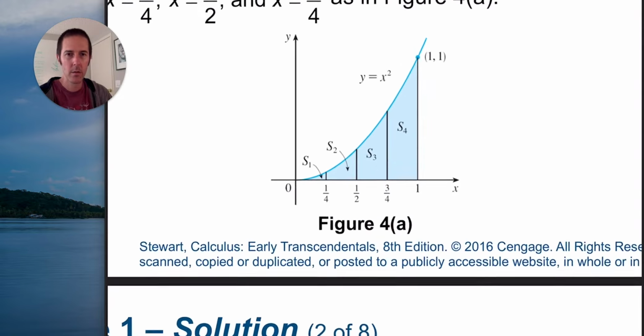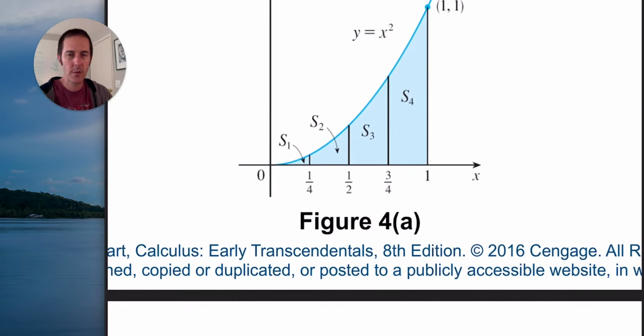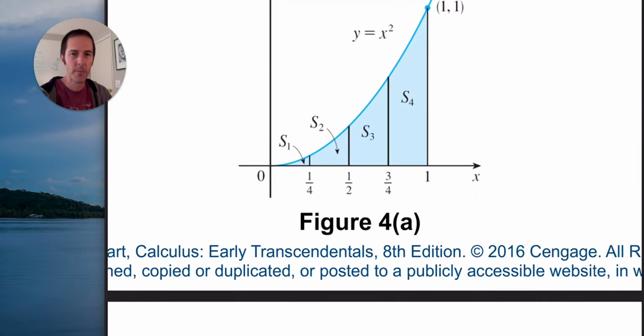It's important to notice that along the x-axis, the total interval, we'll call it from 0 to 1, has been chopped up into these 4 strips, and it takes 5 points to create 4 horizontal intervals here.